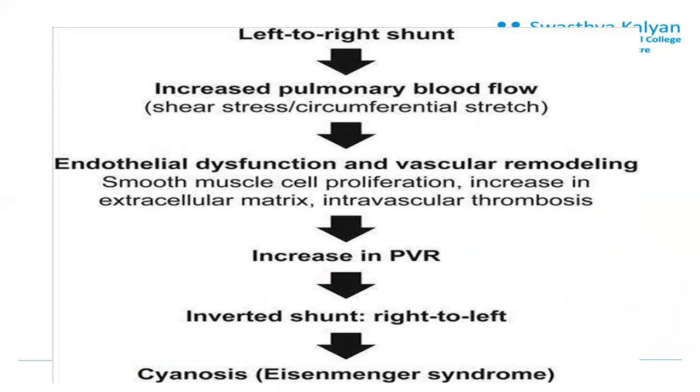The blood is moving from the left side to the right side, and it is quite understandable why: the musculature and pressure of blood on the left side of the heart is comparatively greater than on the right. There is always a movement of fluid from high pressure to low pressure. Again, there is increased pulmonary blood flow. Blood is flowing from left to right, and the right side is associated with pulmonary circulation.